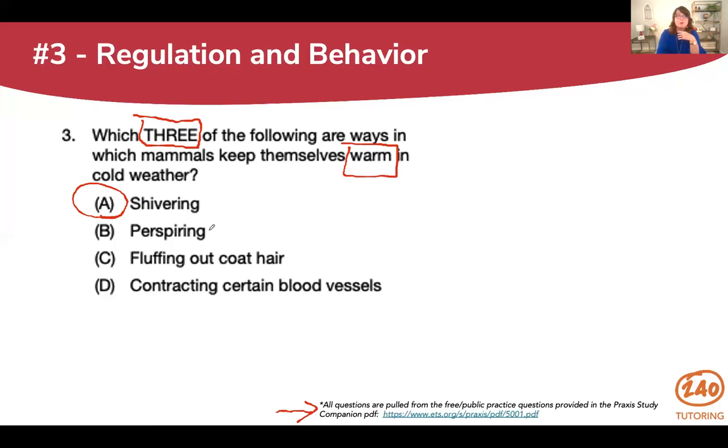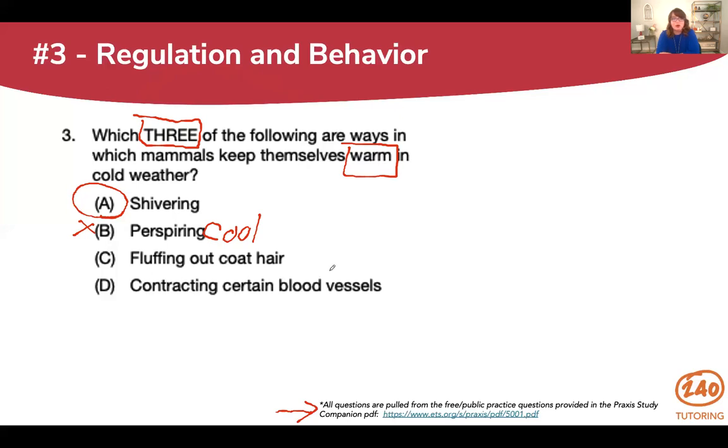Perspiration actually helps to cool the body off. Think about it. When it's cold outside, do we sweat? No, we sweat to stay cool in warm weather. All right, so this would not be one of those 3 answer choices.